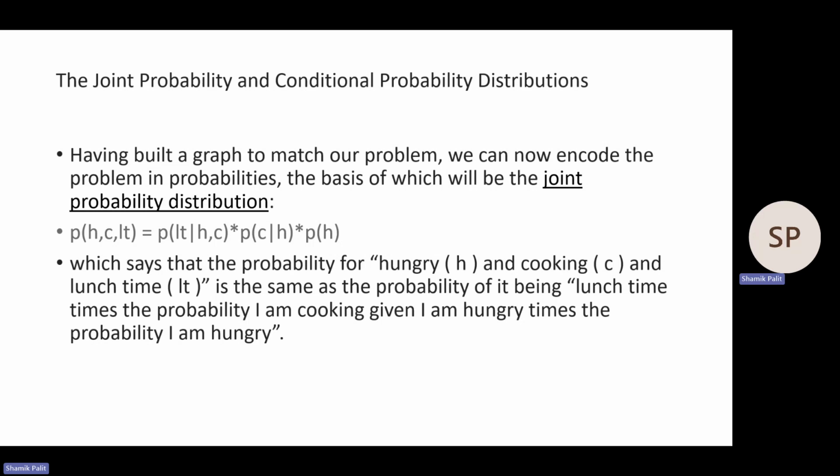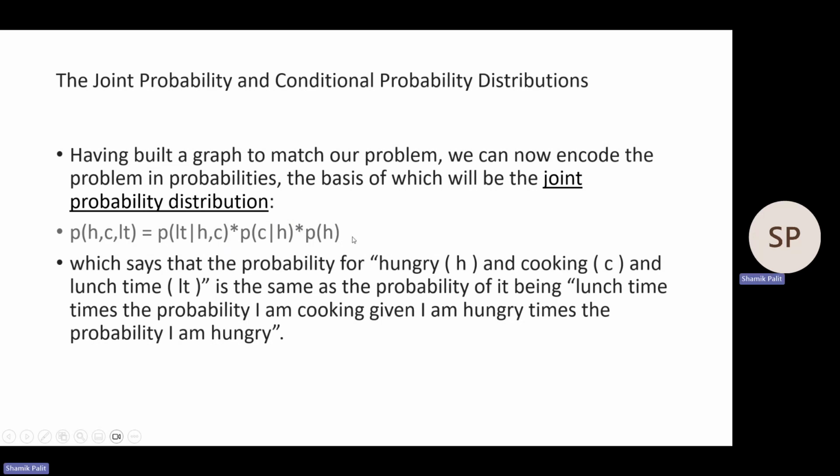So based on this particular problem, if we calculate the value of this probability, ultimately it's a product of the probability of lunchtime where we have the value of hungry and cooking at the same point of time, the conditional probability of cooking provided the hungry value has already been given, and the probability of hungry.